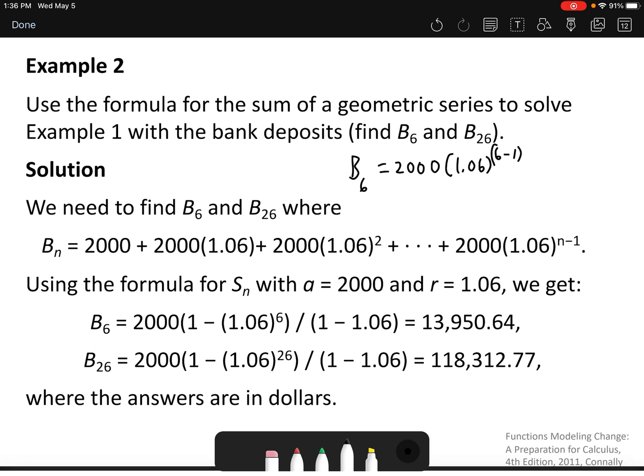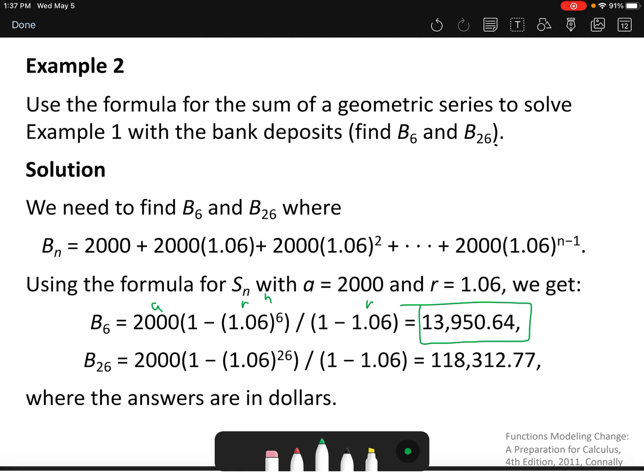We would get, oops, sorry. I got to use the proper formula, don't I? It's right here. Sorry. 2,000, that's a, times 1 minus r to the n over 1 minus r. And we just type that in, and we would have $13,950.64.